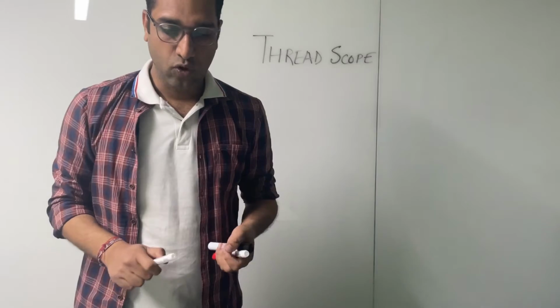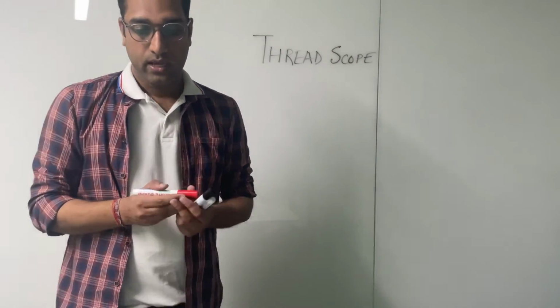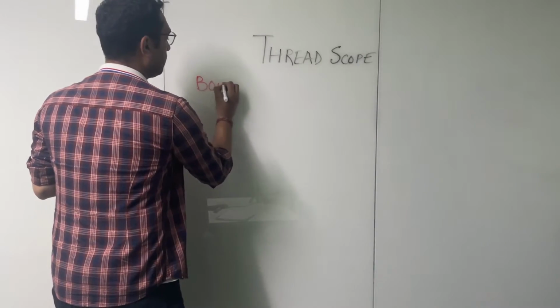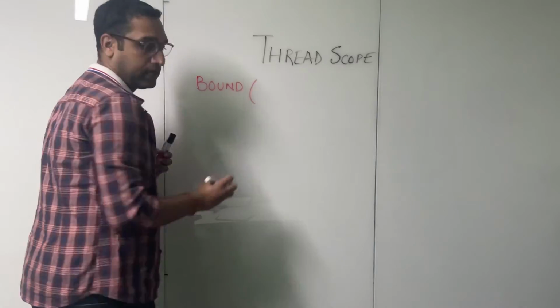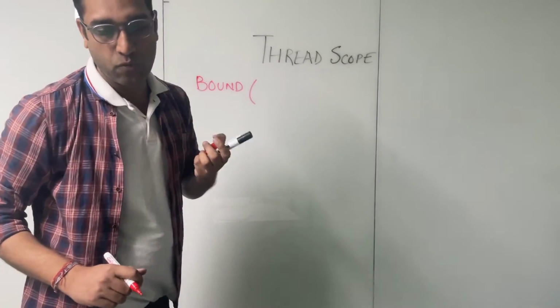So thread scope, either a thread can be bound or unbound. Okay. What is bound or unbound? A thread is called a bound thread in case it's a system scoped thread.